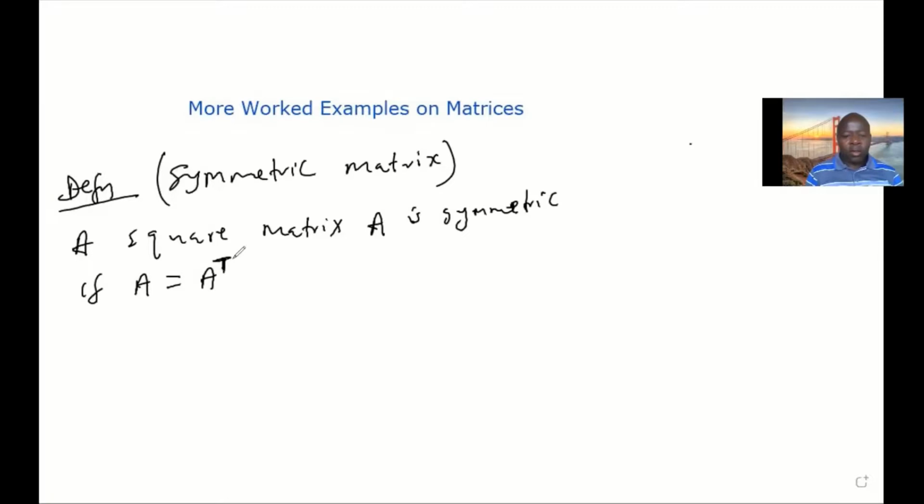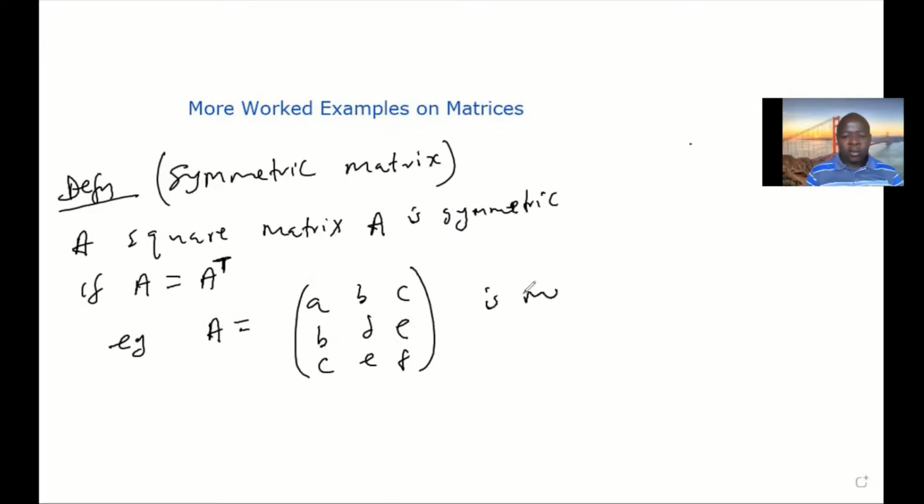For example, if we have matrix A which is A, B, C, then B, D, E, and then C, E, F, what is the transpose of this?